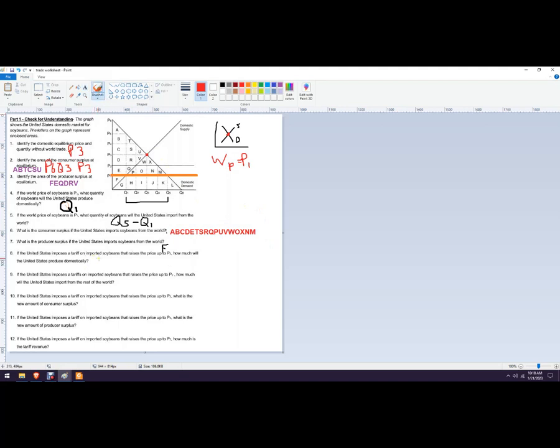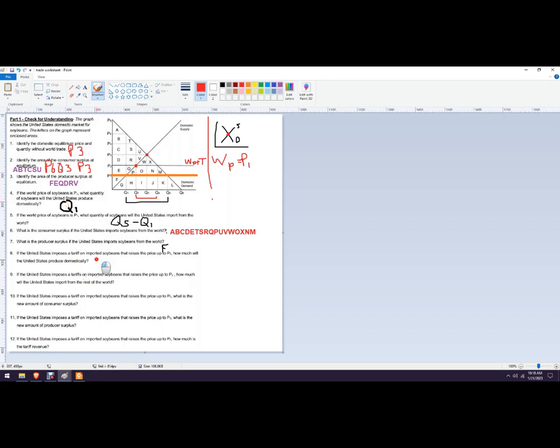Then if the US imposes a tariff so that it raises the price up to P2, this is now going to be the world price plus T, capital T for tariff. Now domestic producers are going to produce to Q2. Domestic buyers are going to buy out to Q4, and the distance between these two will be the imported amount.